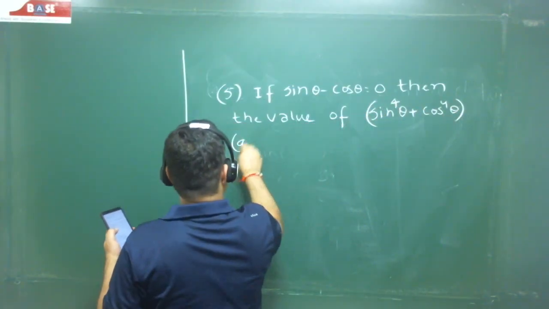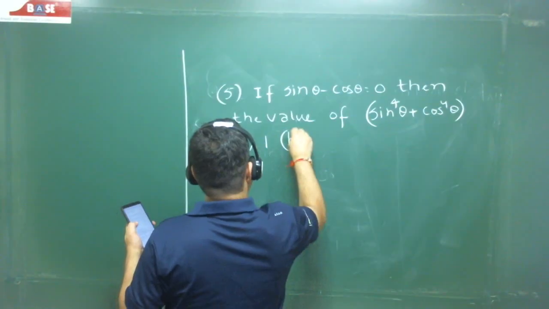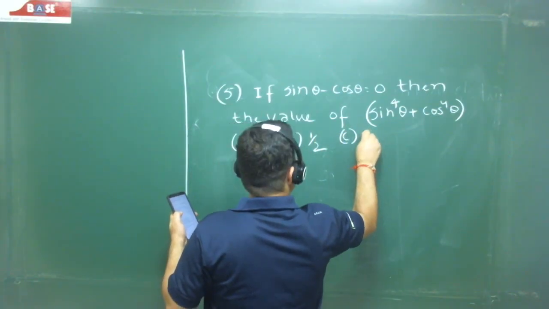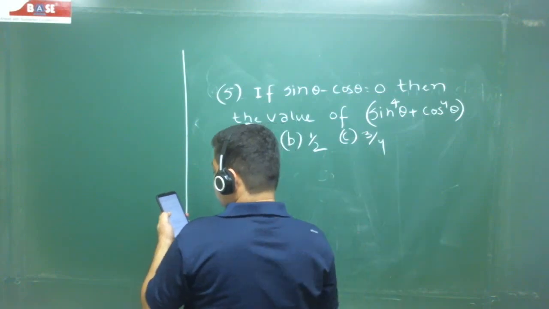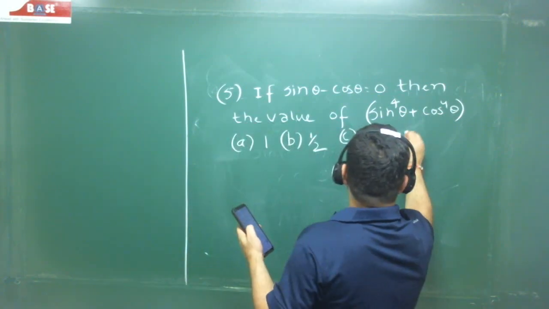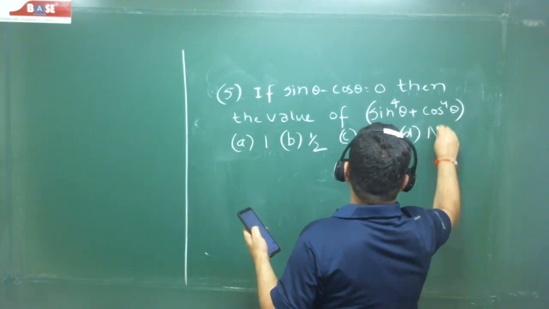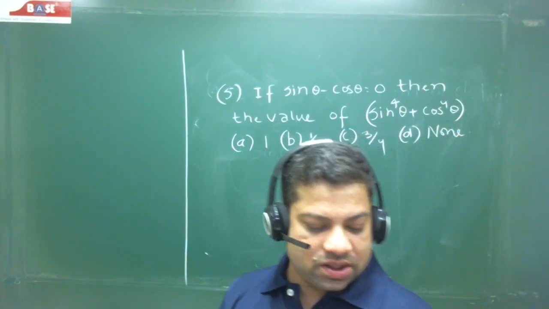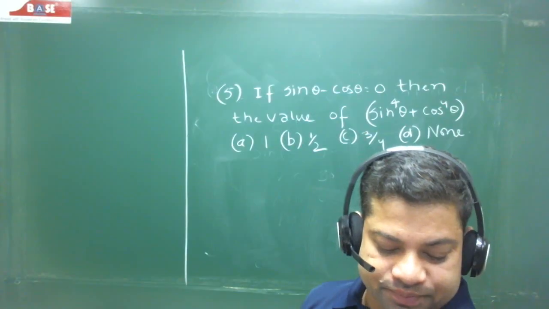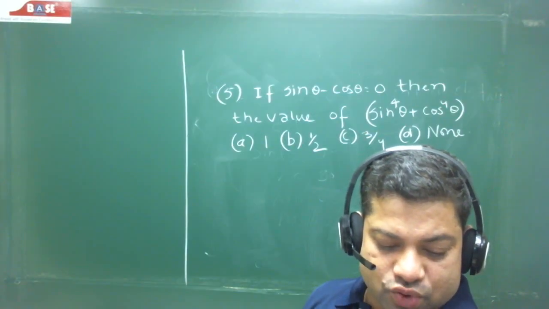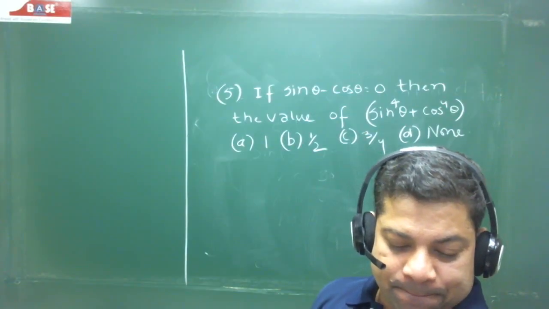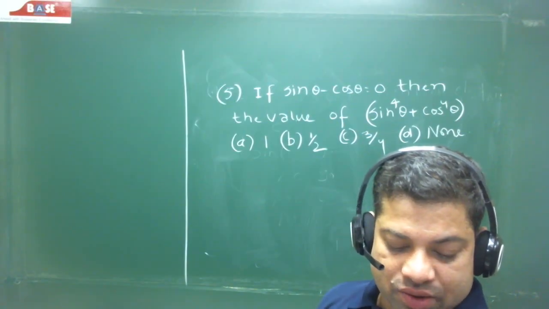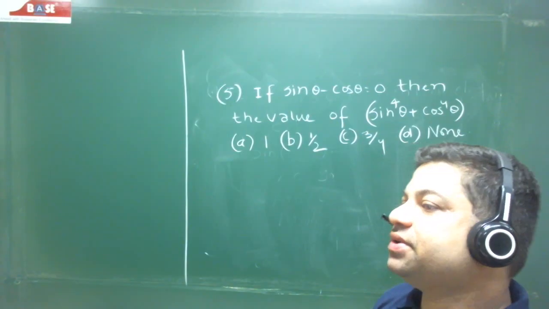Your options are: option A is 1, option B half, option C 3 by 4, option D none. If no option is matching, then we will be using option D. Fine, so now we will start this one.